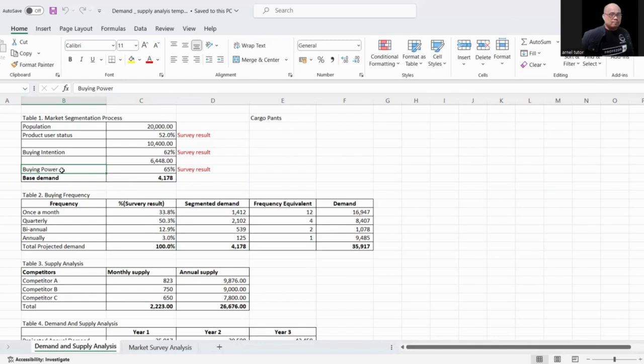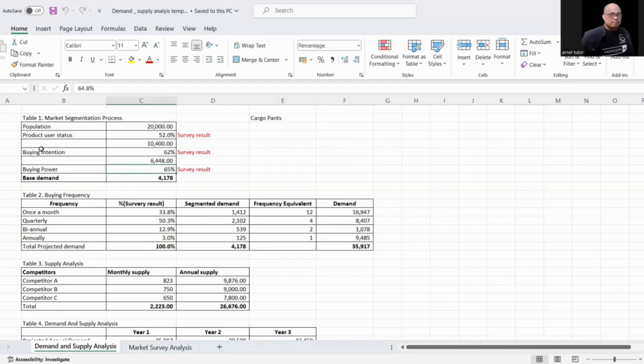And buying power, 65% based on the survey result, means that the customers are willing to buy within the price range that you set during your survey. For instance, price ranges like 50 to 100, 100 to 200, 300 to 400, 400 to 500, and 500 above. Let's say the most preferred price range is 100 to 200. It represents this 65% here.